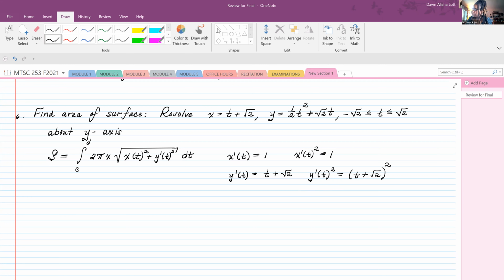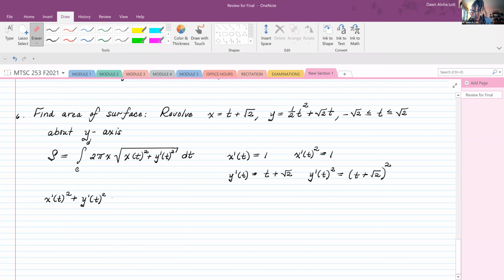So now you have to compute the square root of x prime of t squared plus y prime of t squared. Let me do that first before I do the square root.